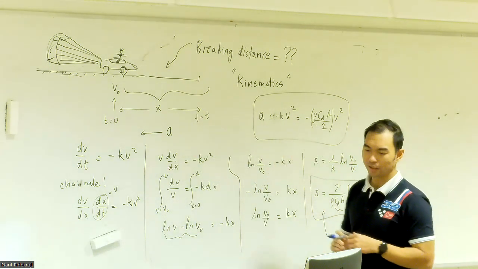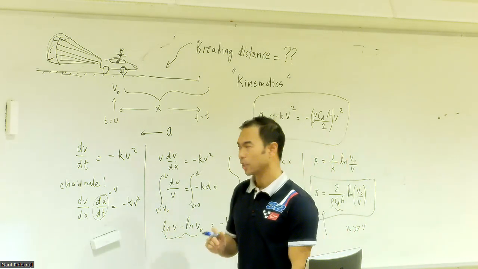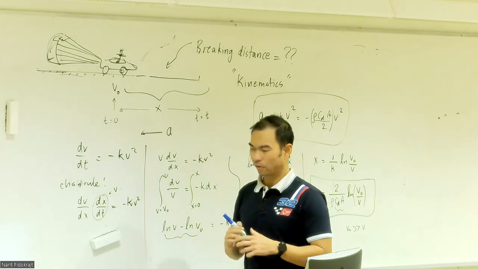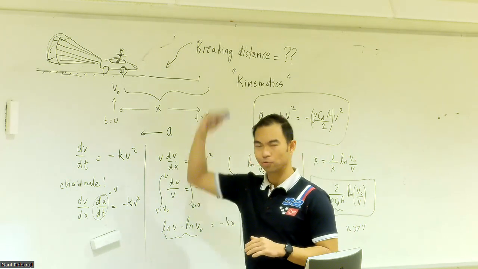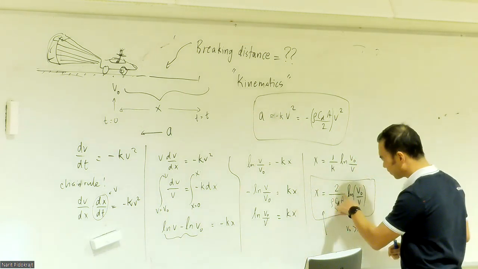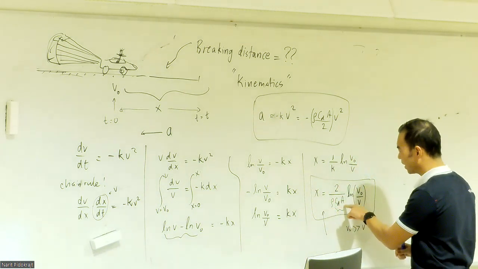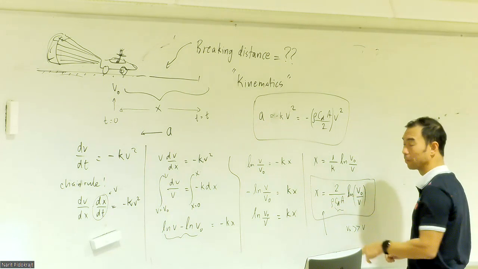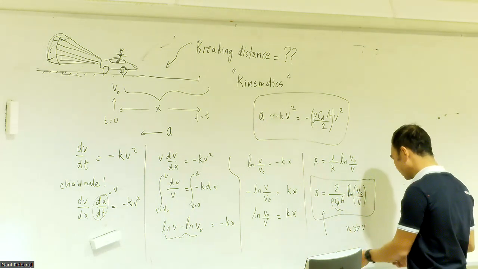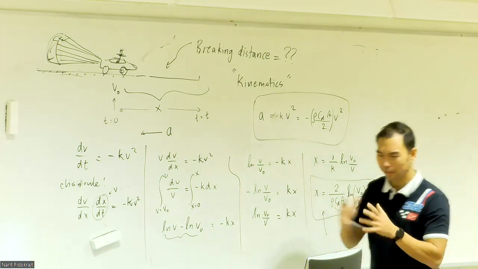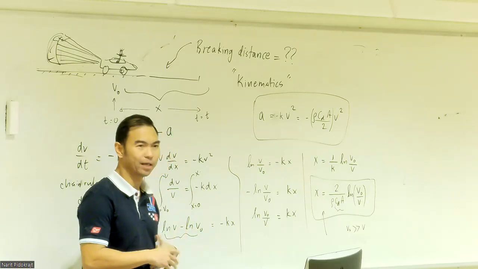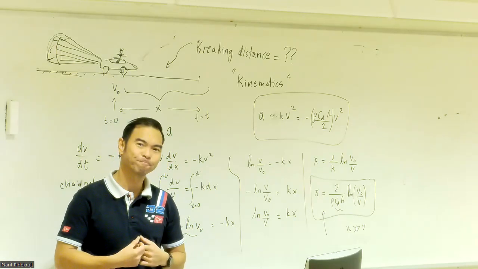Rho is usually something that is constant. It can change from place to place and from altitude to altitude, but we don't care about it. Cd and A depend on your parachute, and you can use a different size of parachute, no problem. So this is the physics behind it, based on kinematics, simple calculus and differential equations.